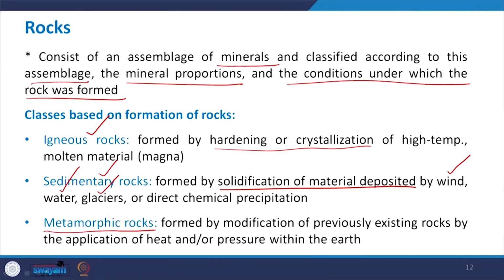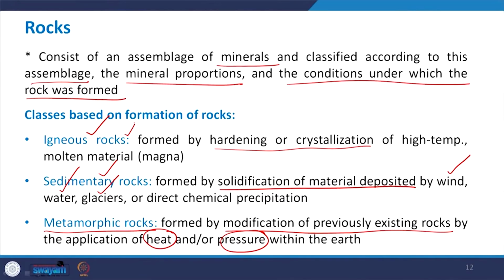Coming to the third category, which is the metamorphic rock. This is formed by modification of previously existing rock by the application of heat or pressure or both within the earth. Once again, with igneous rocks, molten material erupts, cools down and hardens, crystallization takes place, giving rise to igneous rocks.